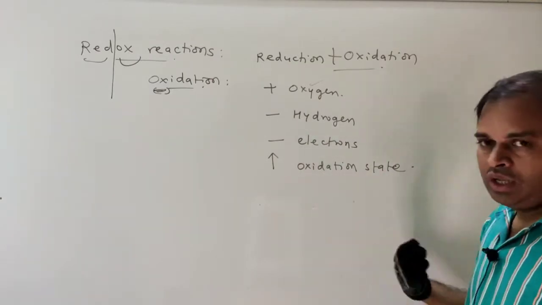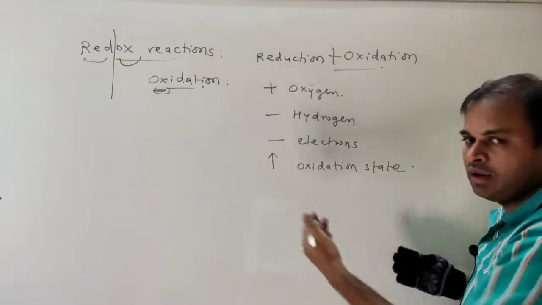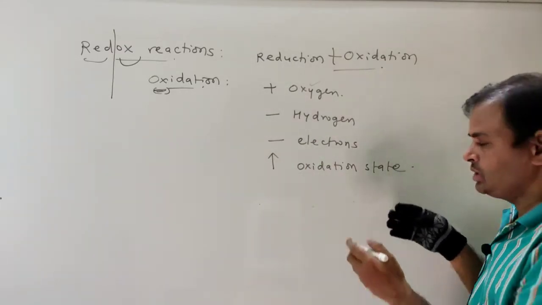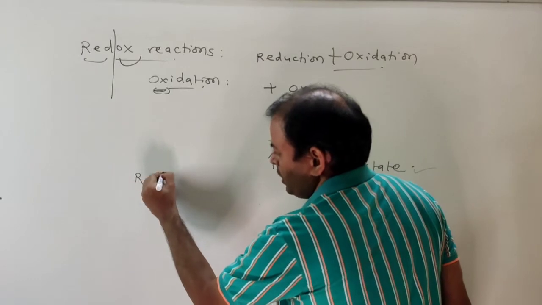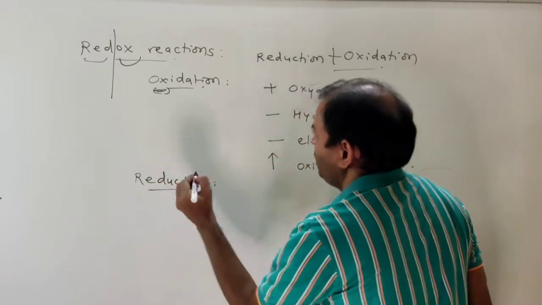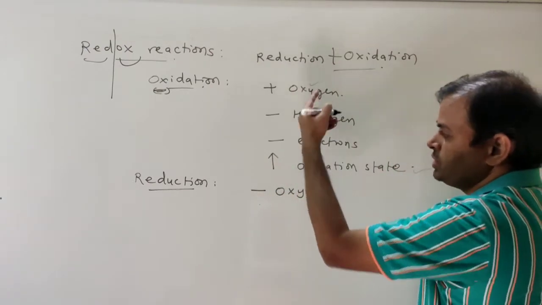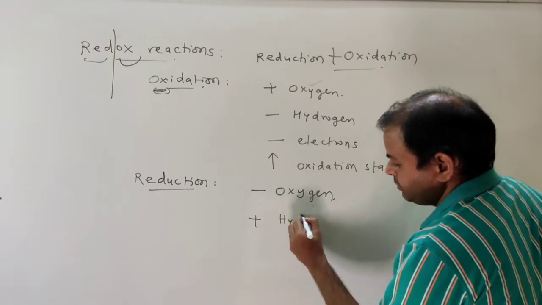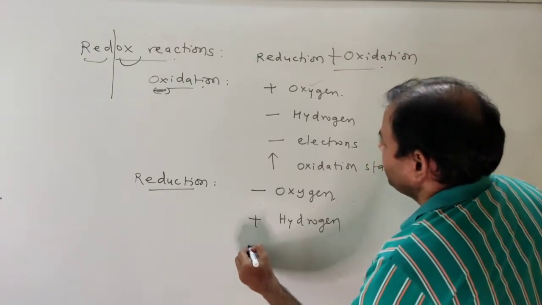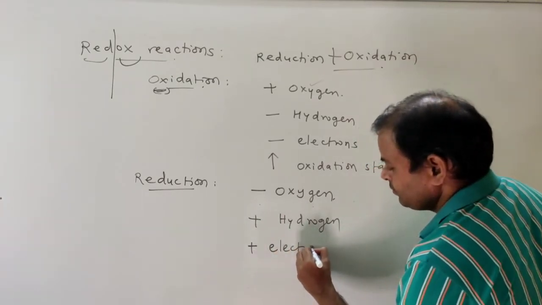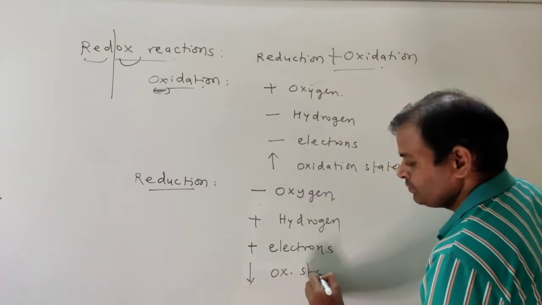If the oxidation state increases from reactants to products, that is, if the oxidation state of products is greater than reactants, that reaction is said to be an oxidation reaction. Now what about reduction? Reduction is removal of oxygen, or addition of hydrogen, or addition of electrons, and a decrease in oxidation state.